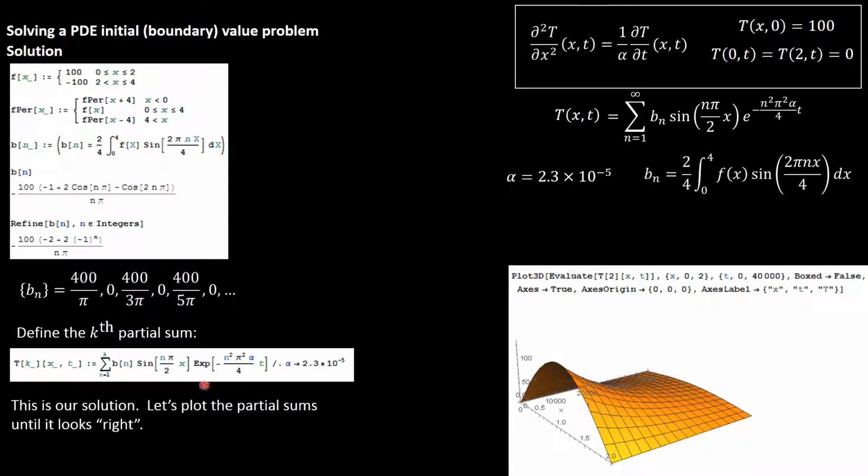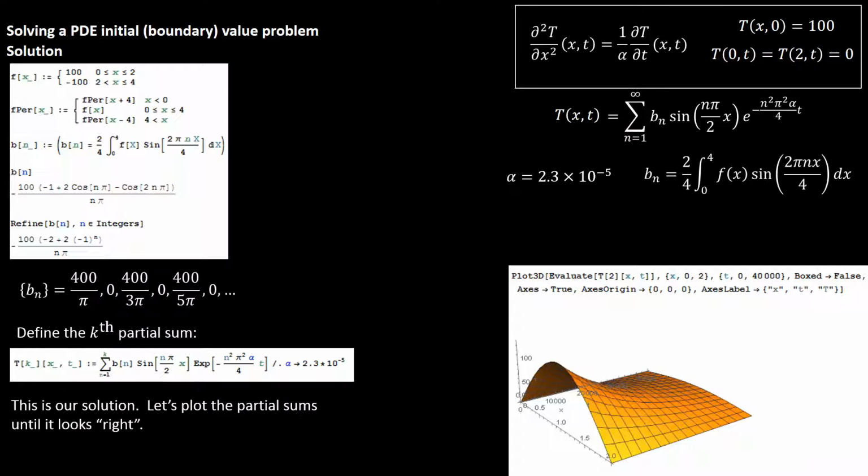And if you plot T2 of x comma t, well, what's T2 of x comma t? That's the sum from 1 to 2 of this expression. So it's the first two terms of the series. So if we plot the first two terms of this series, we get this graph. Now let's make sense of it.